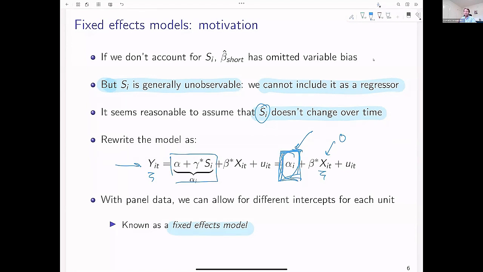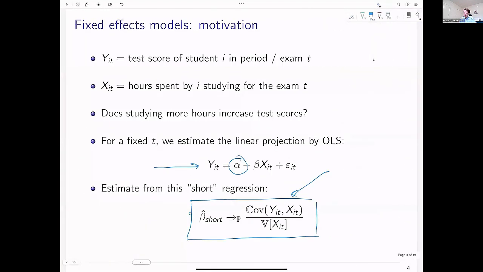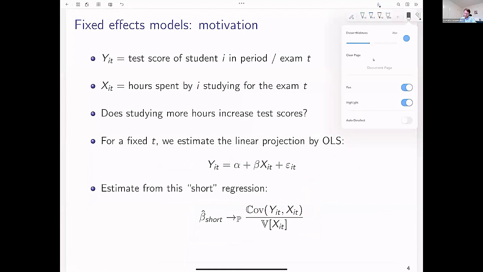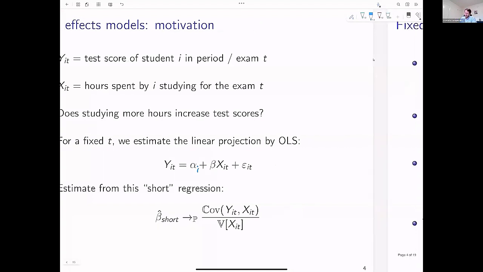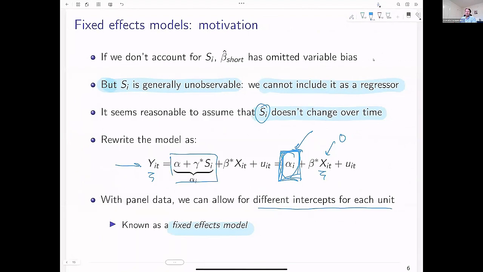A fixed effects model is a model that allows for different intercepts for each unit. So instead of having this simple regression here, what we do is that we add an i here and we say each student will have its own intercept. Kind of like different students start from different baselines. Okay, that is a way to rewrite our model.